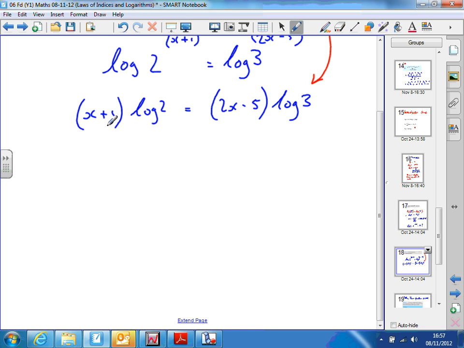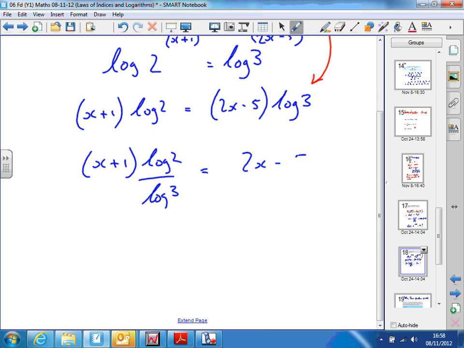So divide both sides by log 3. x plus 1 times log 2 over log 3 equals 2x minus 5. I don't need the bracket anymore because the log 3 is gone.